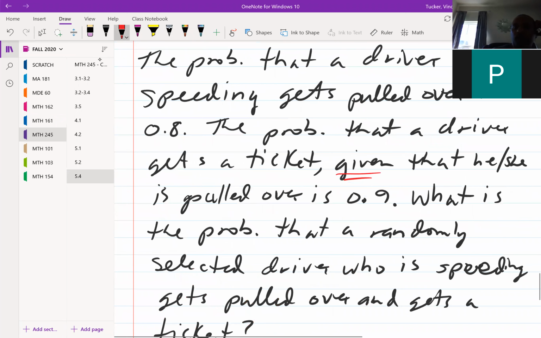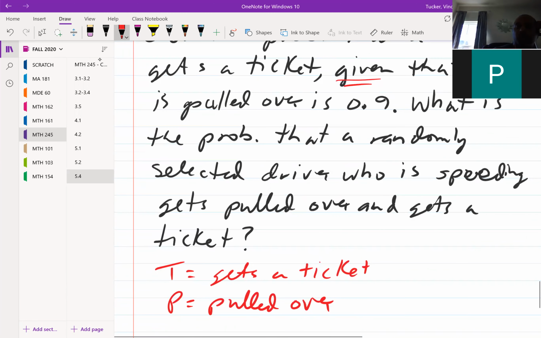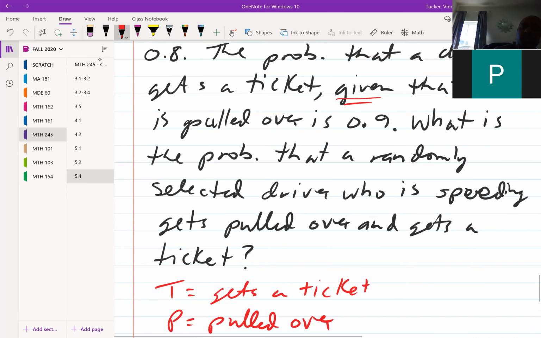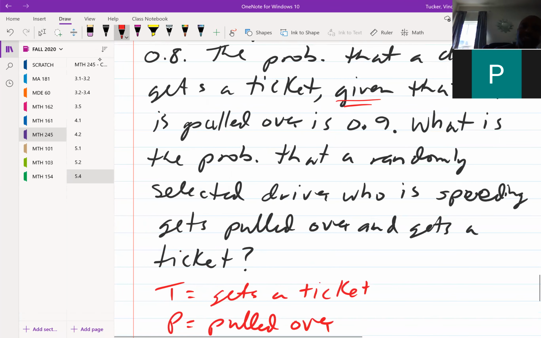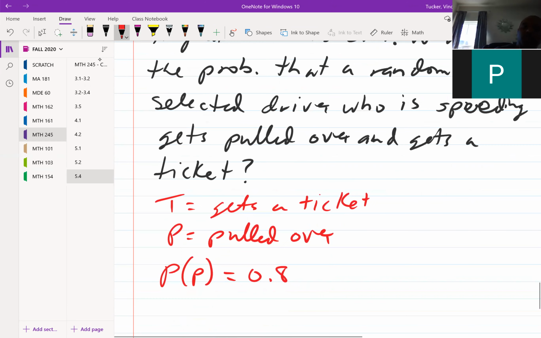So if we go back, the probability that a driver who is speeding gets pulled over is 0.8. So the probability to get pulled over is 0.8. Then the probability that a driver gets a ticket, given that he or she is pulled over, is 0.9.